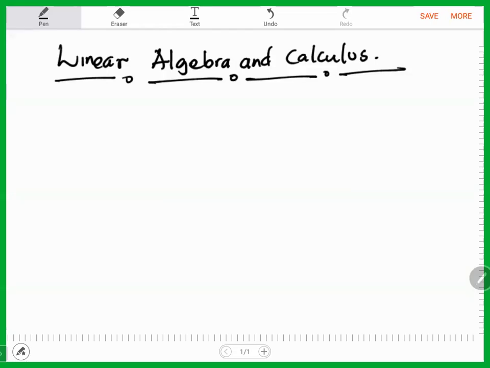So starting with linear algebra, the key parts that we are supposed to look at are the functions and graphs. So we would be asking ourselves, what is a function?